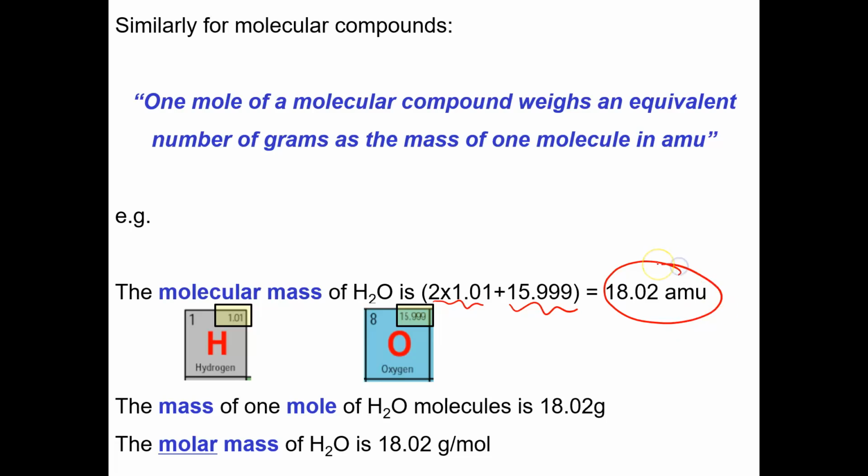And this is the answer I get. So 1 water molecule weighs 18.02 AMU. What this means is that 1 mole of water weighs 18.02 grams, or more commonly people would say the molar mass of water is 18.02 grams per mole.